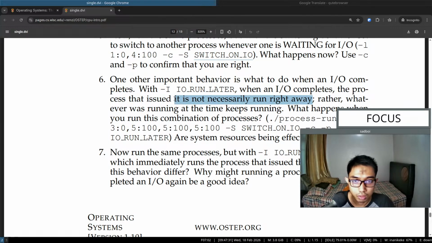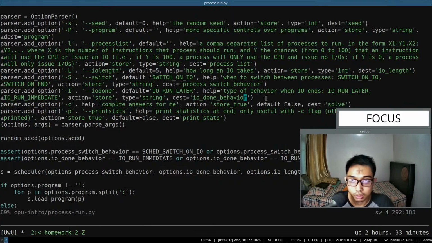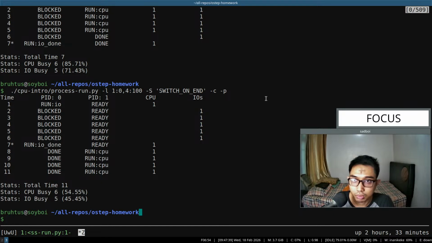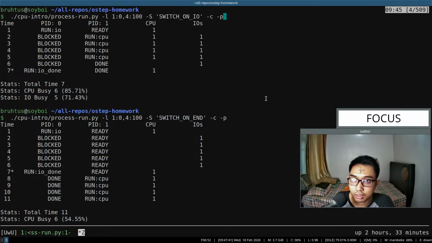Oh, so we are not really switching to the input-output process, right? I assume something like that. So we are waiting for another process to be done first and then switch back to the input-output one.